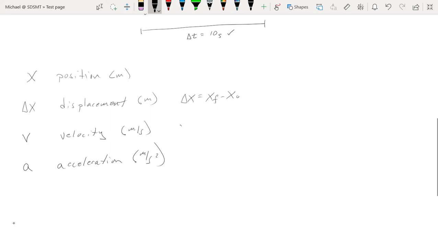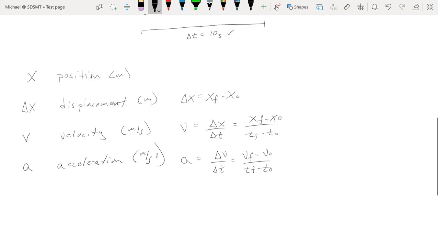Velocity, as we said, that was delta x over delta t. And I'm just writing all of this out again in a cleaner representation here. Acceleration is change in velocity with respect to time, so that's v final minus v initial, all over t final minus t initial.